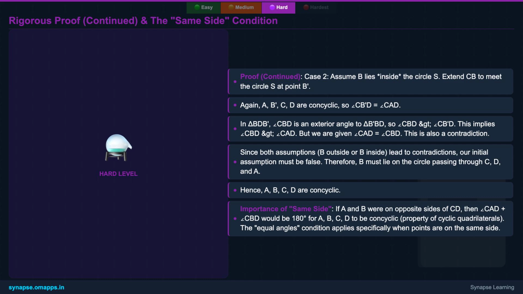This implies angle CB'D is greater than angle CBD, contradicting our initial given condition that angle CAD equals angle CBD. Since both cases, B outside and B inside, lead to contradictions, our original assumption that B does not lie on the circle must be false. Therefore, B must lie on the circle, and thus A, B, C, D are concyclic.